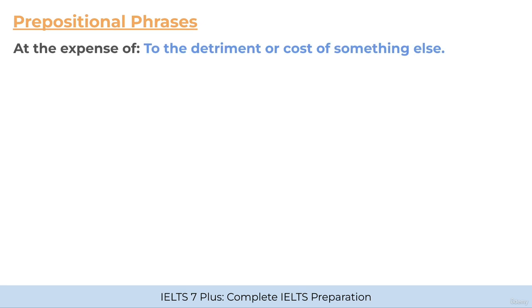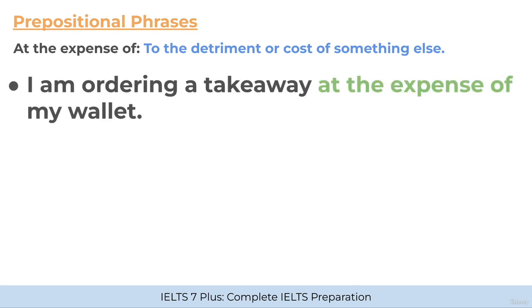At the expense of. This is quite negative. This is the detriment or the cost of something else. So something is lost to make way for another thing, if that makes sense. So I am ordering a takeaway at the expense of my wallet. So this is an example meaning that at the expense of my money, my wallet, in other words, I am having this takeaway.